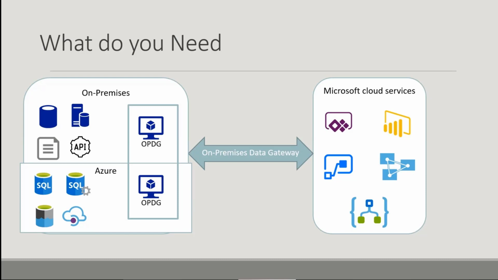The second one is it will actually build resilience. So if one VM goes down, the other VM can still access all your data sources. So it builds high availability as well for your on-premises data gateway connection. And the best out of it is you can control the resource.